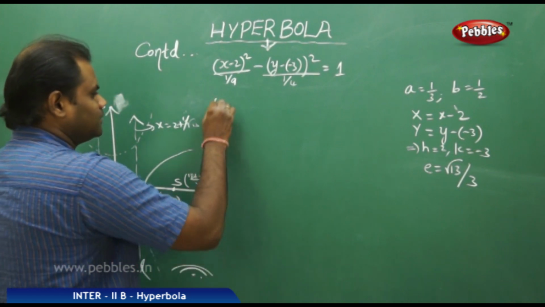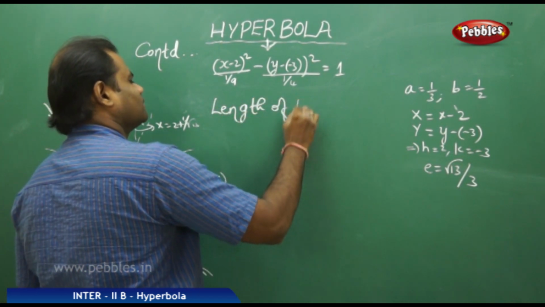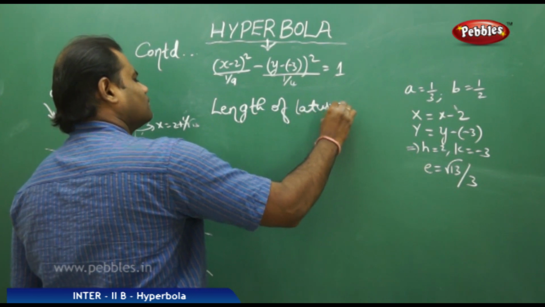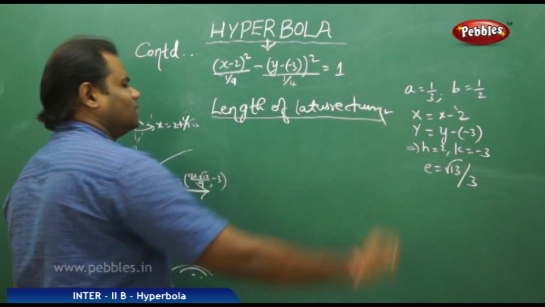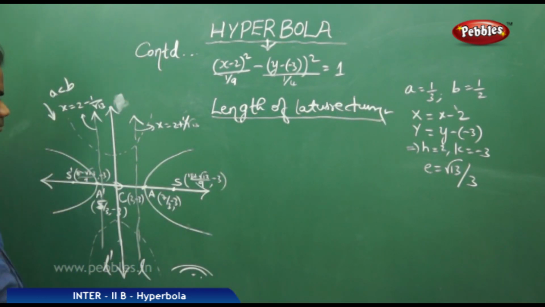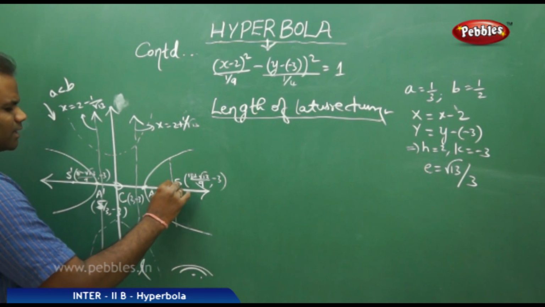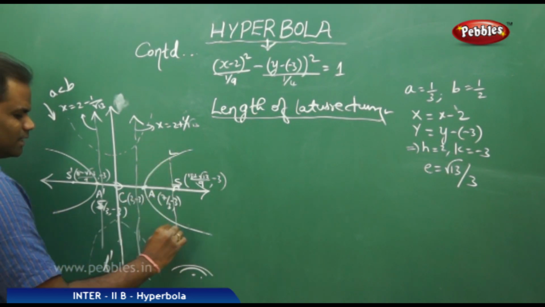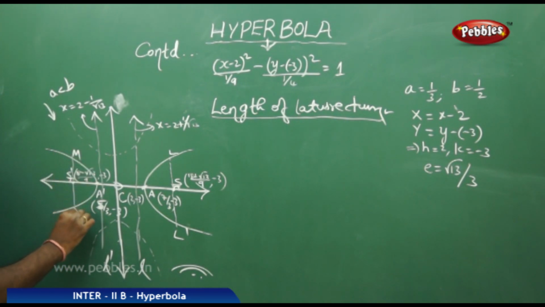Next is the length of latus rectum. In the case of the length of latus rectum, we see that the latus rectum is a line which passes through the focus and is perpendicular, that is LL dash, with the other latus rectum being MM dash.